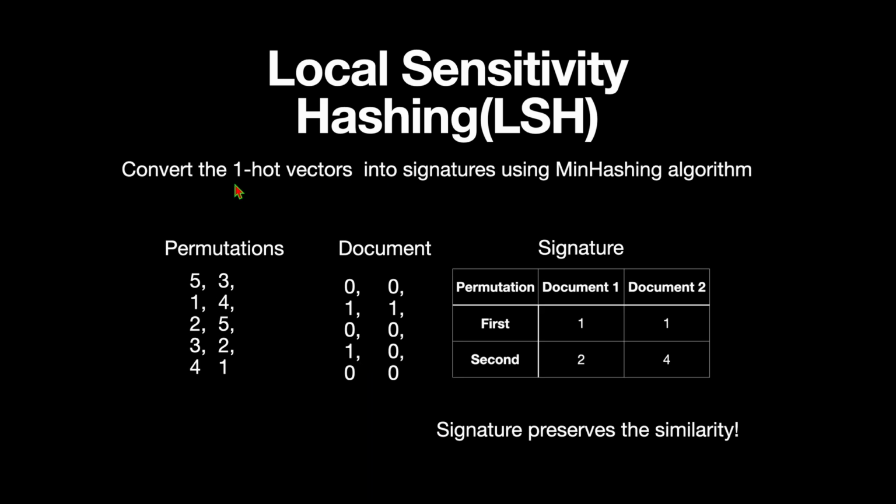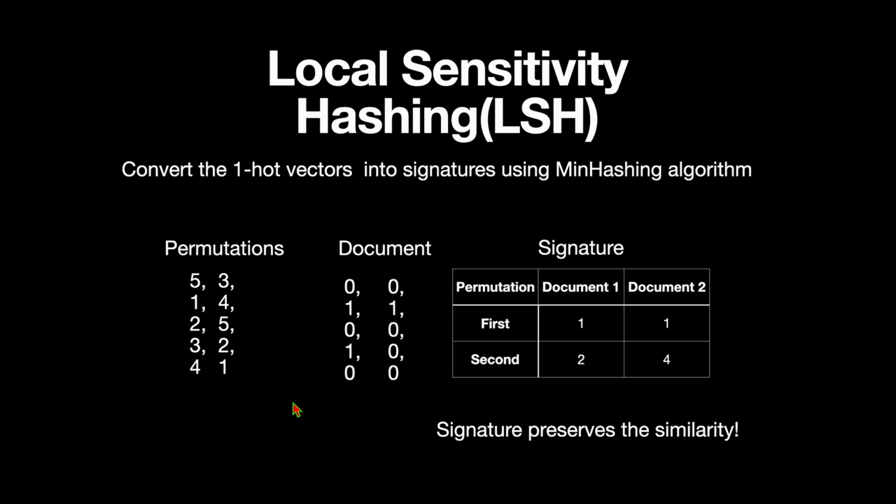Once it's converted the shingles into one hot vectors, it's now going to convert the one hot vectors into signatures using the min hash algorithm. So this is a little bit tricky, but let's see how I can best explain it. Let's say we have 2 documents which are one hot encoded, and let this be the first document and let this be the second document.